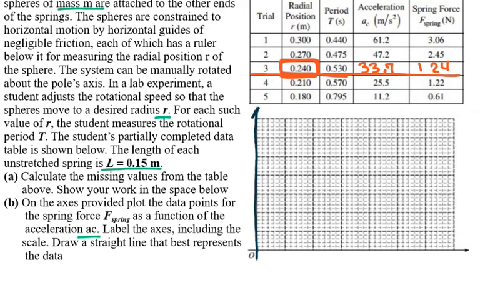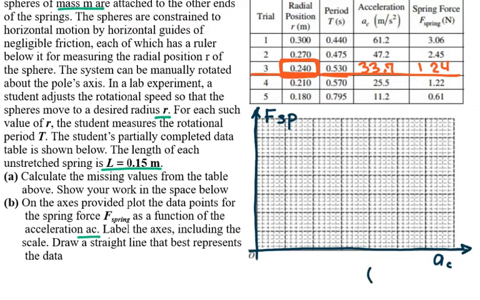They just give you the graph and say find the equation that you could use to plot, and then they will probably ask you below in C or D what the slope of this graph means. So in this case, the y-axis is F spring, and your x-axis is centripetal acceleration.